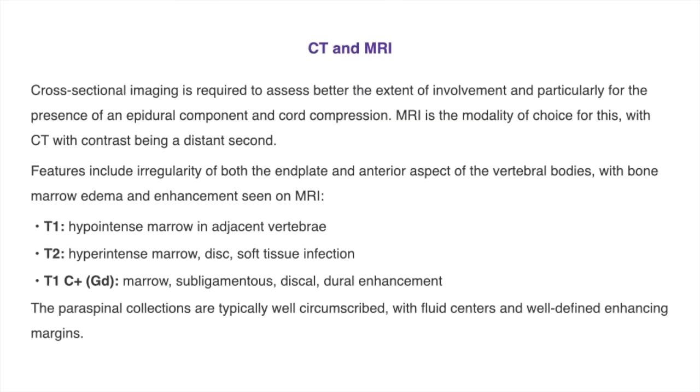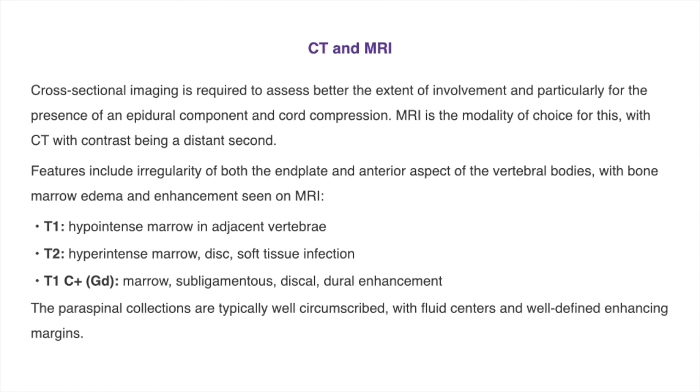So for further investigation, we use cross-sectional imaging to better assess the extension and involvement, and particularly the presence of any epidural component and cord compression. MRI is the modality of choice for this case, with CT with contrast being a distant second.